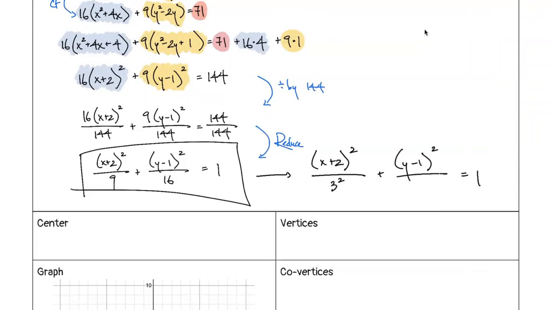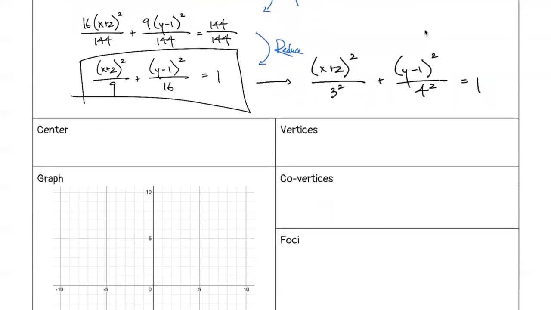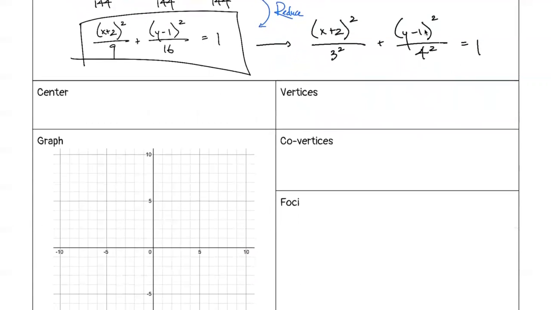Bingo, 3 squared and 4 squared. Perfect. I'll give you a moment to write out your center and maybe sketch a graph. If you get that far, think about how you're going to find the vertices and the co-vertices. Let's take about 2 minutes, write down what we can, and start to sketch out what we can.